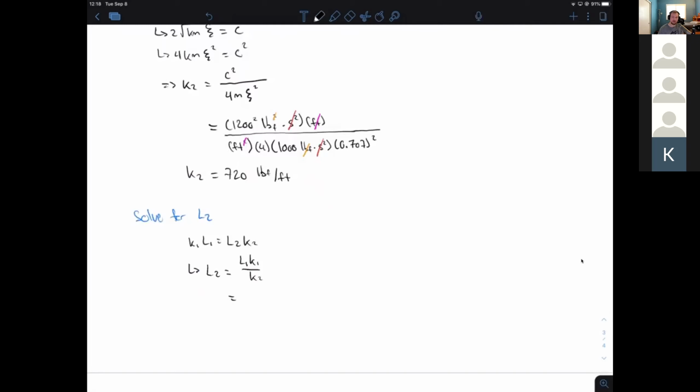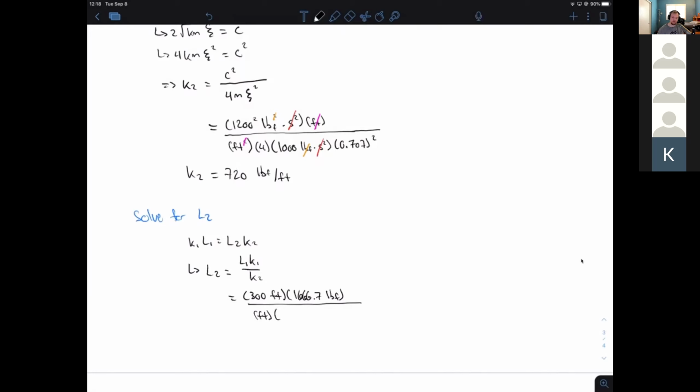Okay, and then if we plug all this in, remember from the problem statement, the first cable length was 300 feet. And then we solved for the first cable stiffness, that was 1,667 basically, and that's pound force per foot. Putting that on the bottom, and then divided by k2.